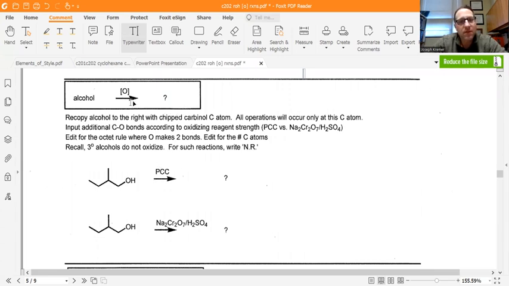And then we're going to try this PCC one-step reagent. This is a 1 degree alcohol. So let's recopy the structure to the right. Let's take the advice sheet I printed up for you. Sorry, it's maybe not formatted the most stunningly, but it's still serviceable. So recopied it to the right.